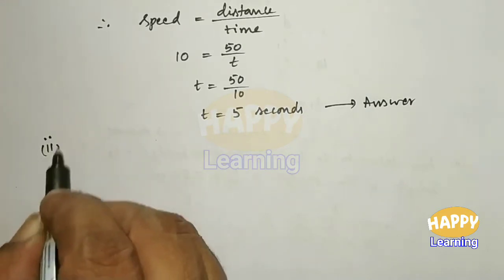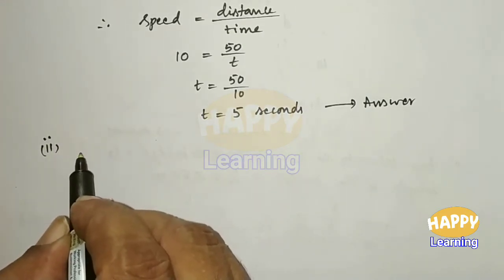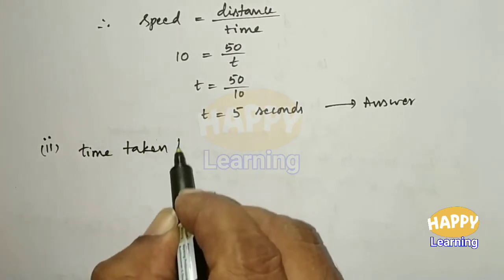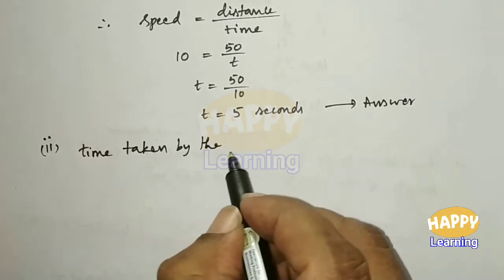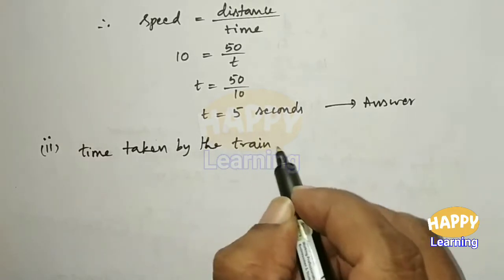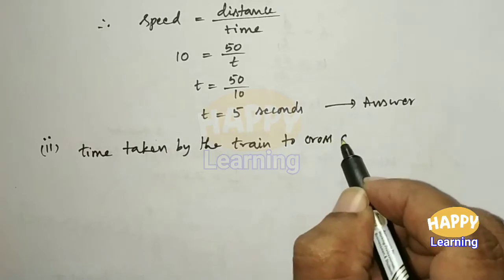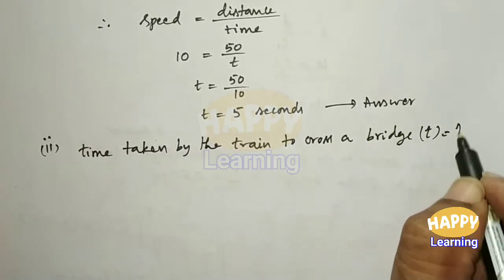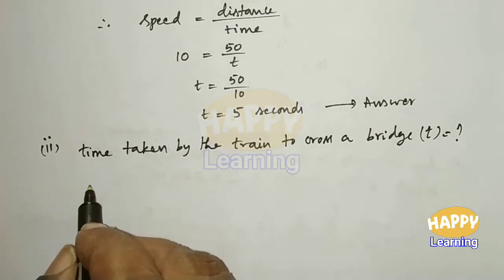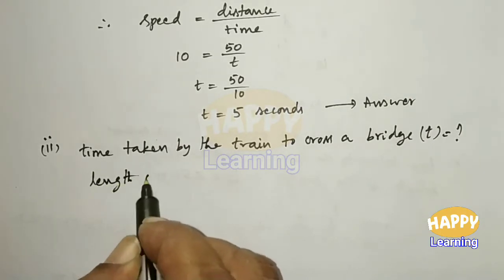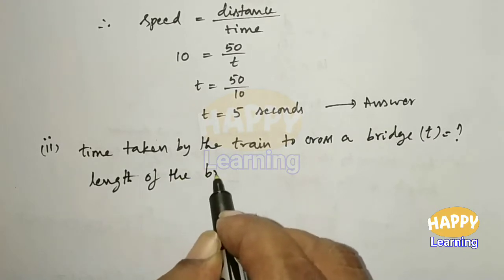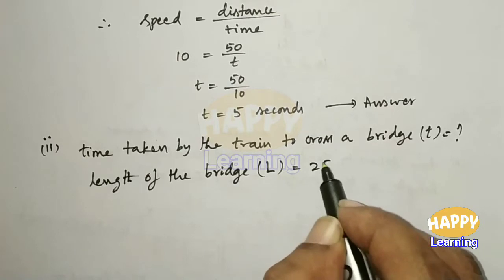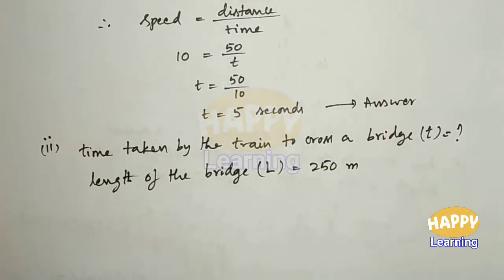Now let us move to the second part of this problem. Here we need to find the time taken by the train to cross a bridge. Let it be T equal to question mark. Length of the bridge, let it be capital L, is given as 250 meters.